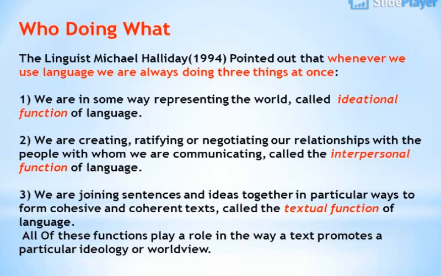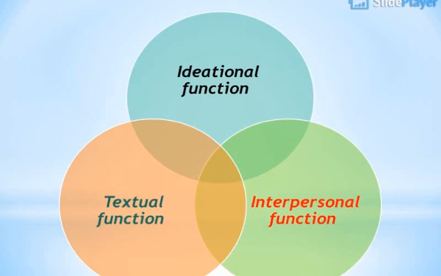We are joining sentences and ideas together in particular ways to form cohesive and coherent texts, called the textual function of language. All of these functions play a role in the way a text promotes a particular ideology or worldview.